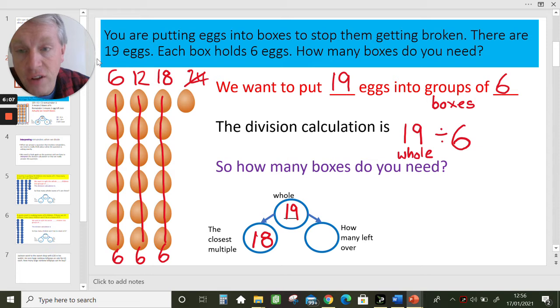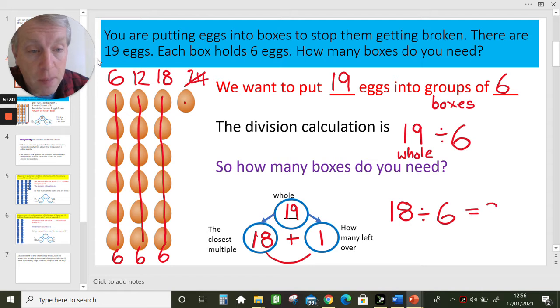How many left over? Well, 1, because 18 add what makes the whole 19? 18 add 1 makes 19. And I remember that 18 here, we're dividing into 6. We're putting them into boxes of 6, groups of 6. 18 divided by 6 is 3.